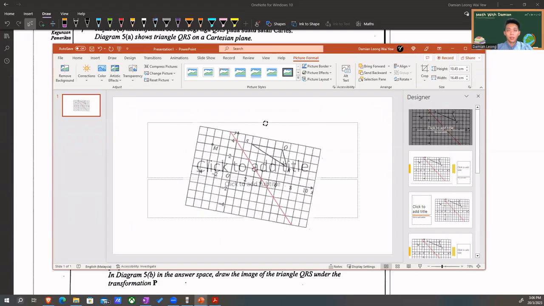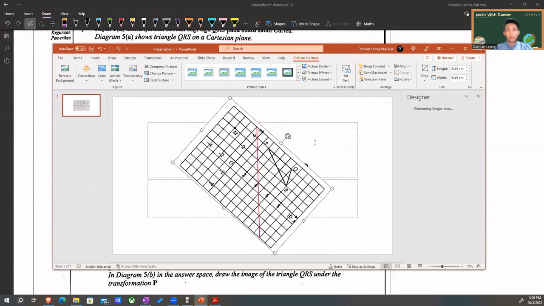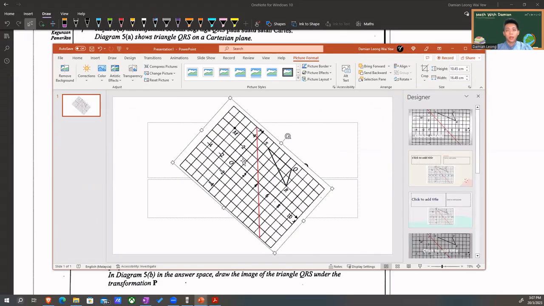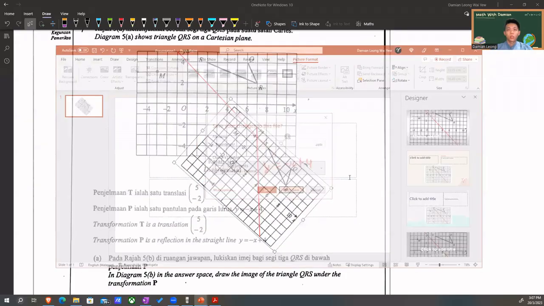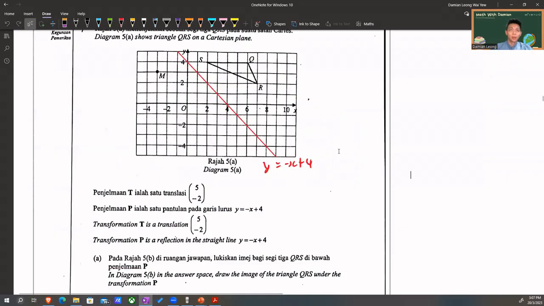Instead of looking at it like this, if you turn the whole paper like this, then it's easier to see when it's shifting from right to left, left to right. That is just a trick, I would say, for you to see it easier as you draw it up. But you don't have to use it. It's just one trick that I feel is quite helpful, especially for those who cannot really imagine very well.